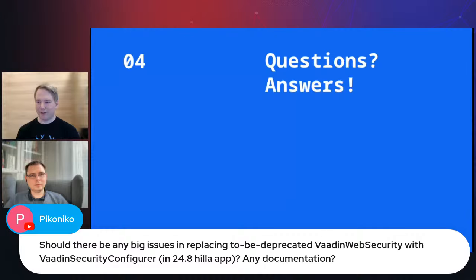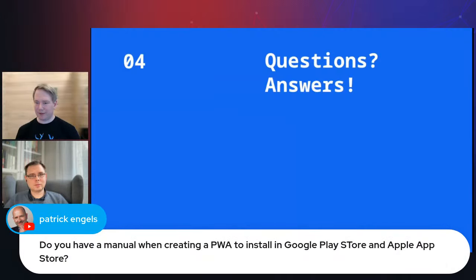All right, cool. Let me take one more question regarding PWAs. So when creating a PWA application, how to get it in the Google Play Store or Apple App Store? Do we have any documentation? I don't recall any tutorials on this particular topic.